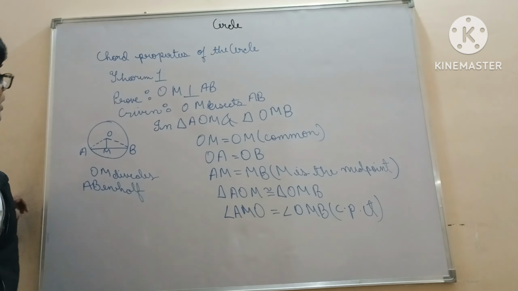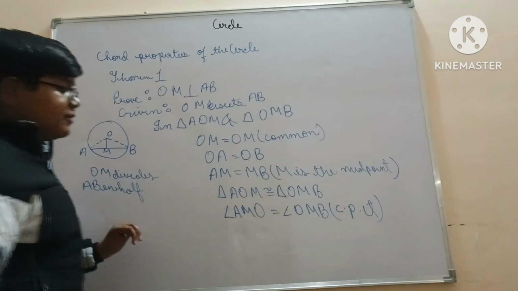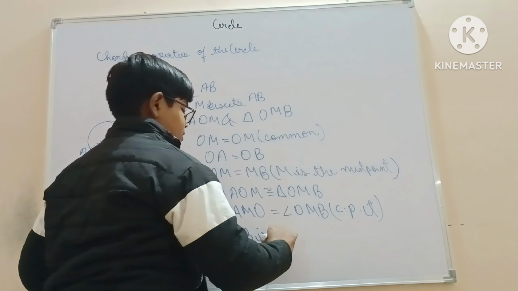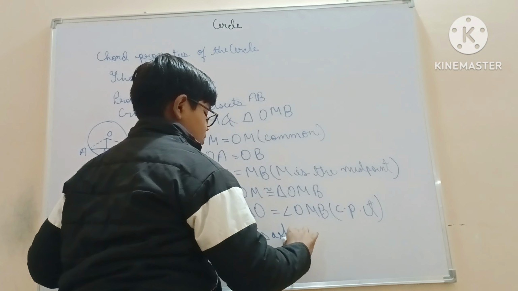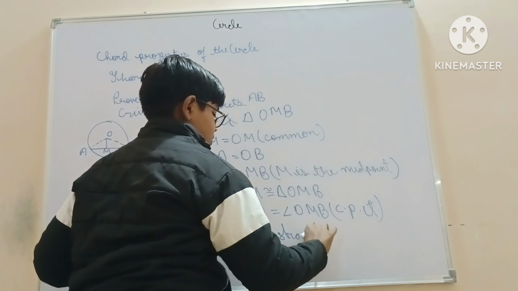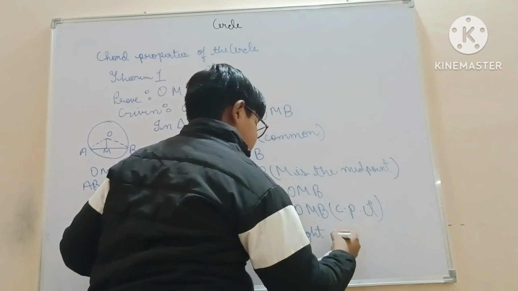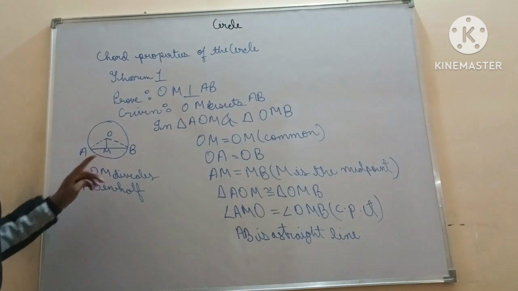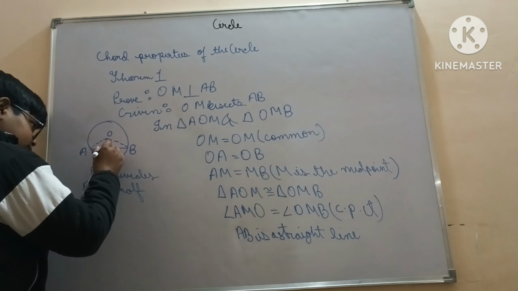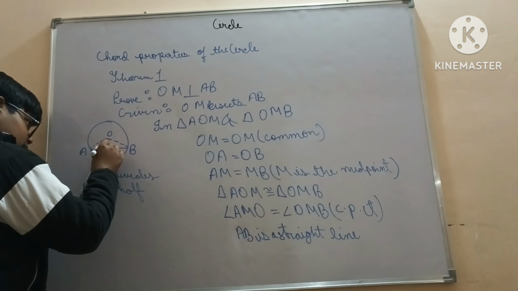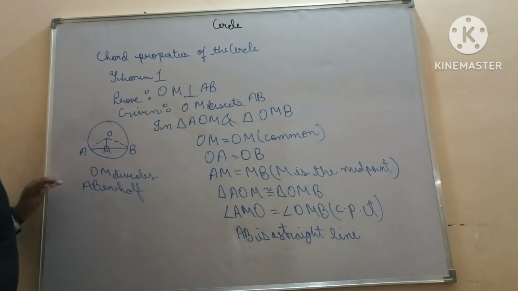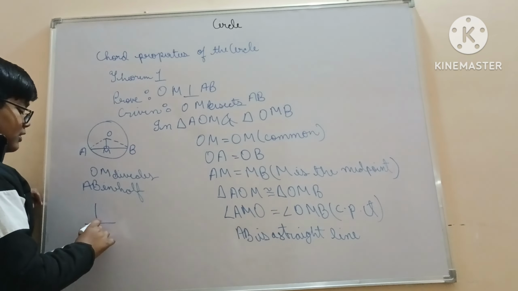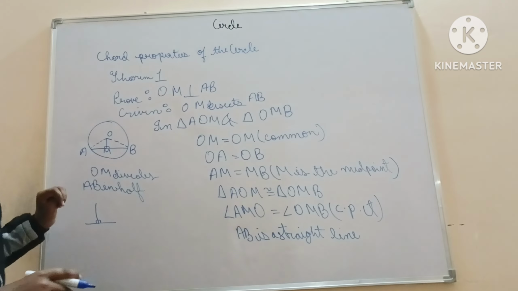And now, as this AB is a straight line, it means that the line which is dropping from above is 90 degrees from both the sides.